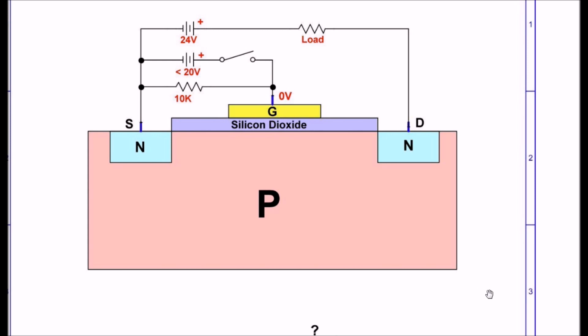Let's look closely at an N-channel MOSFET. Here is your source. You notice here's my gate voltage. It's going to be positive relative to the source connection. And up here, the negative terminal, the 24-volt battery, goes to the source through a load resistor to the drain.